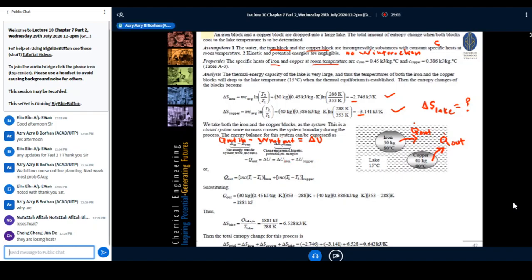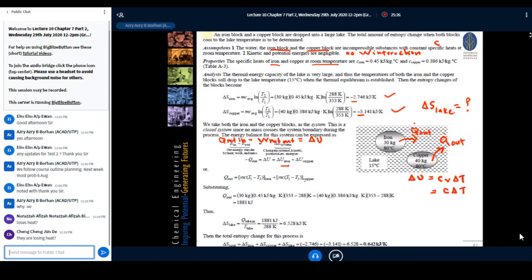Now how to solve delta U? We know from any expression, delta U must be equivalent to CV delta T. But in the case of an incompressible substance, you can simply replace CV with general C times delta T. Apply for both iron and also copper.